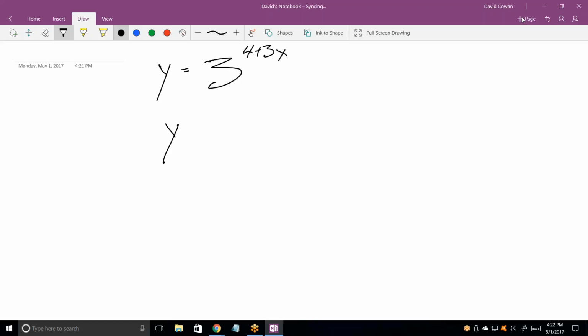If I have y equals some number to the x power, what is y prime equal to? Well, you can't use the power rule because the exponent is the variable. So if that was e to the x, then y prime would be e to the x.